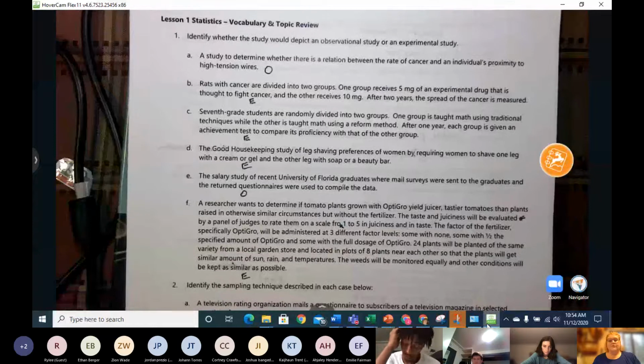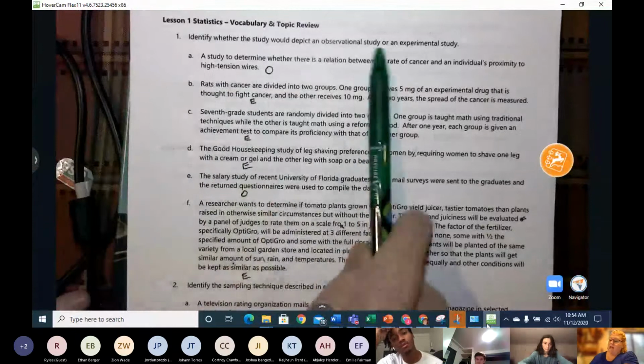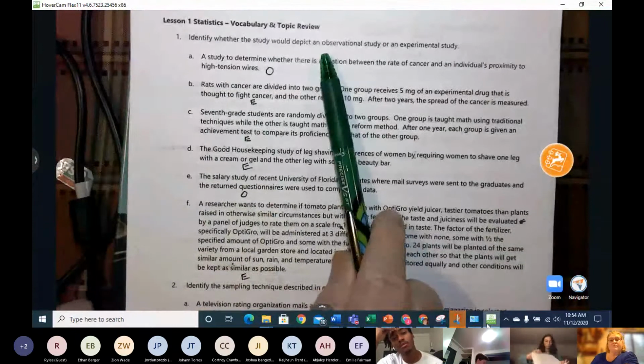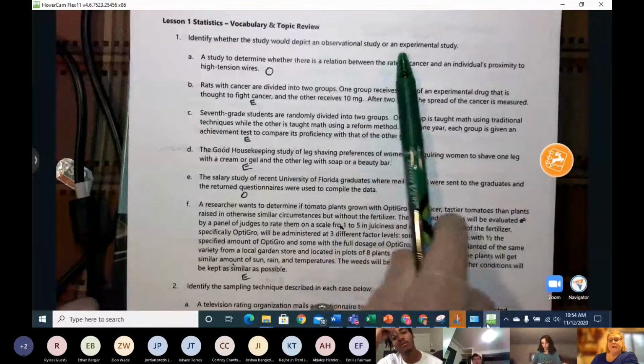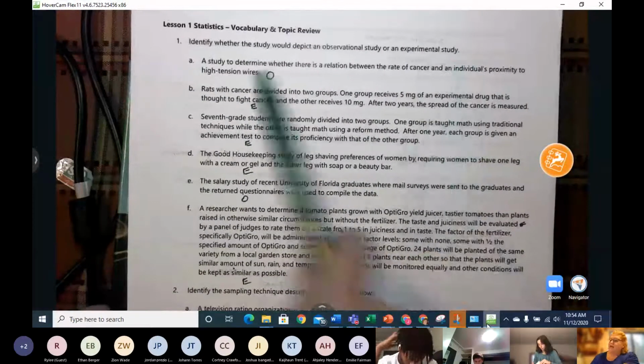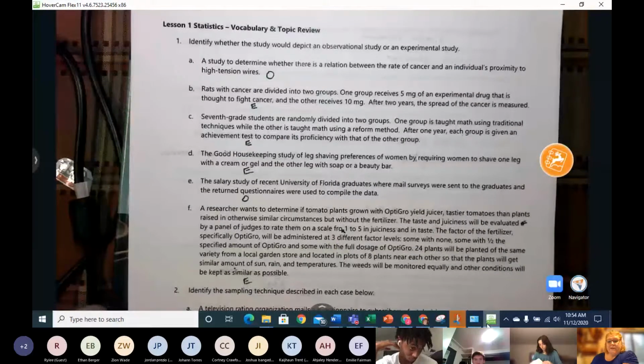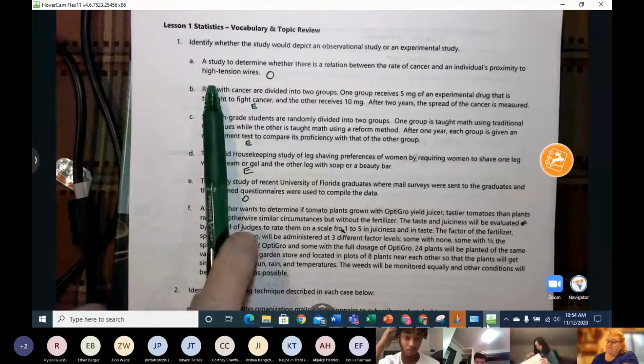So this first set of problems asked you to read through different cases or different scenarios, however you want to think of this, and look at whether the situation represents an observational study or an experimental study. And so you're just trying to decide based on the description which category it would fit under.